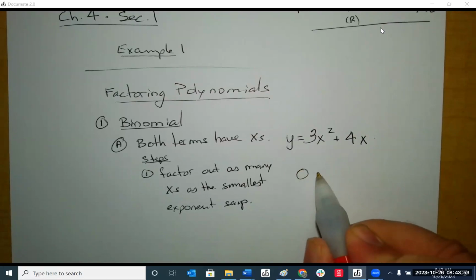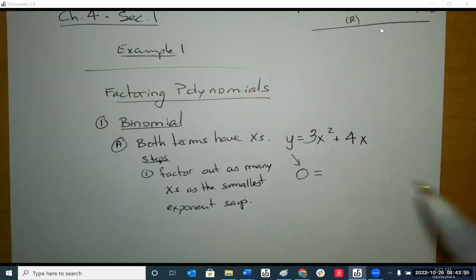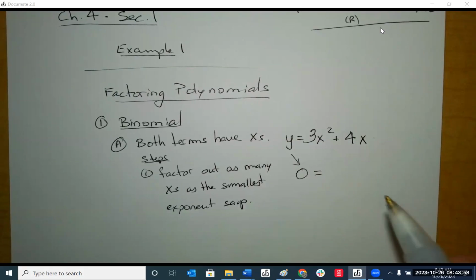And also remember, since we're solving for the solutions, we set y equal to 0. I forgot to put that in there. Set y equal to 0.